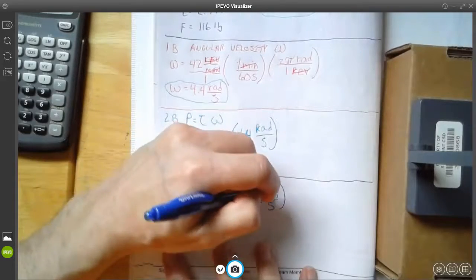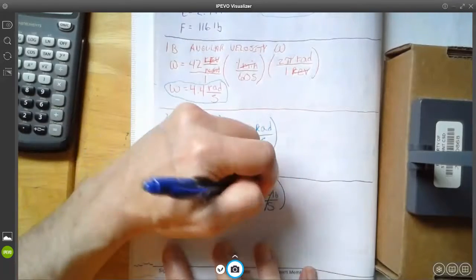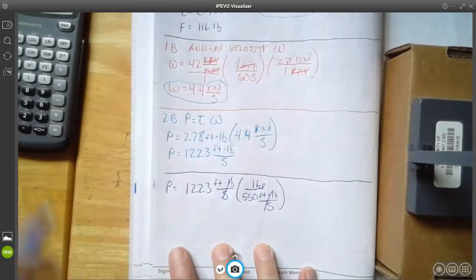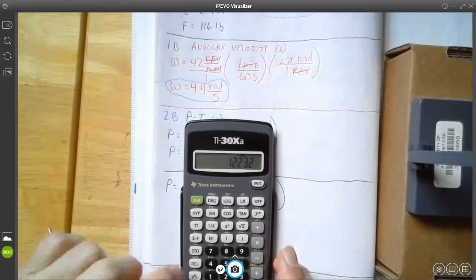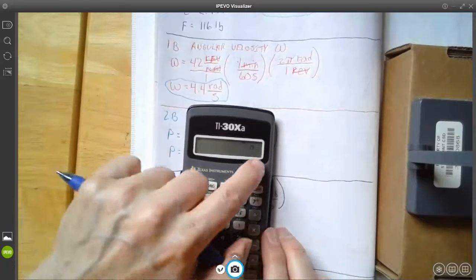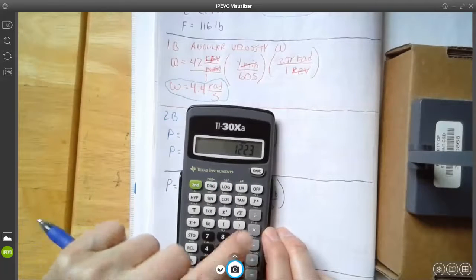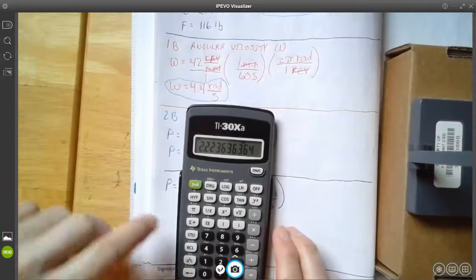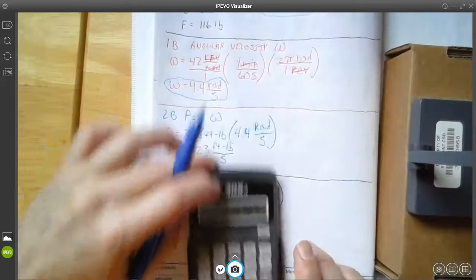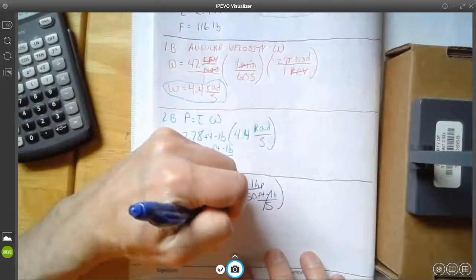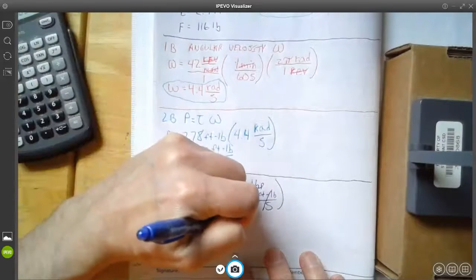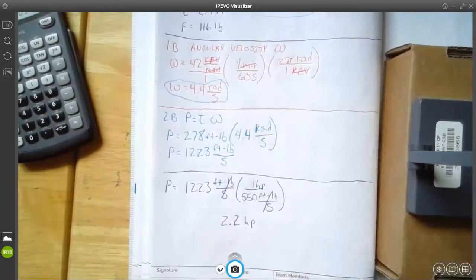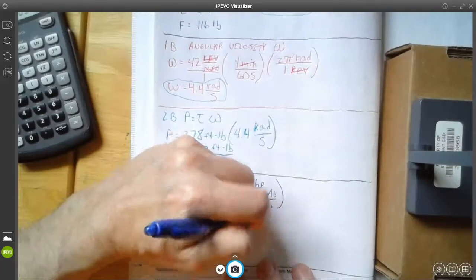So our foot-pounds per second cancel out. This is 1 HP up here. Sorry, I forgot that. So if I take 1,223 and I divide that by 550, that equals 2.2 horsepower. And that is our final answer for this problem.